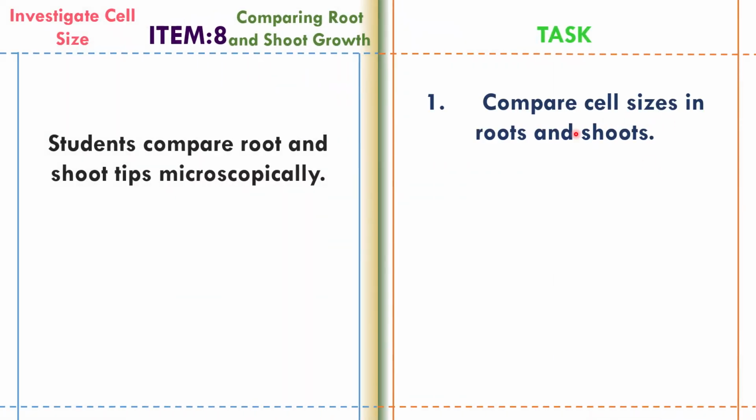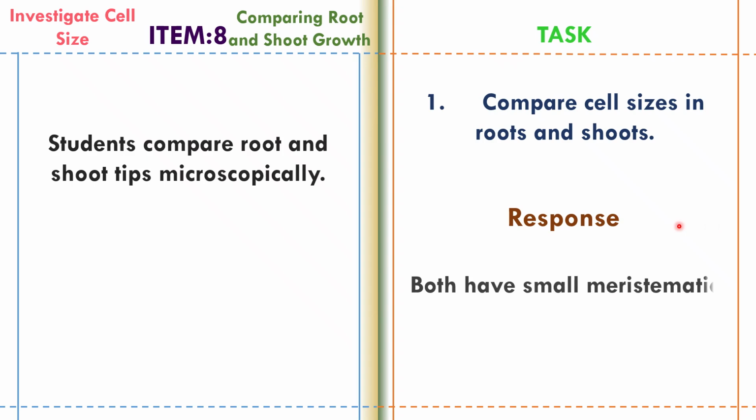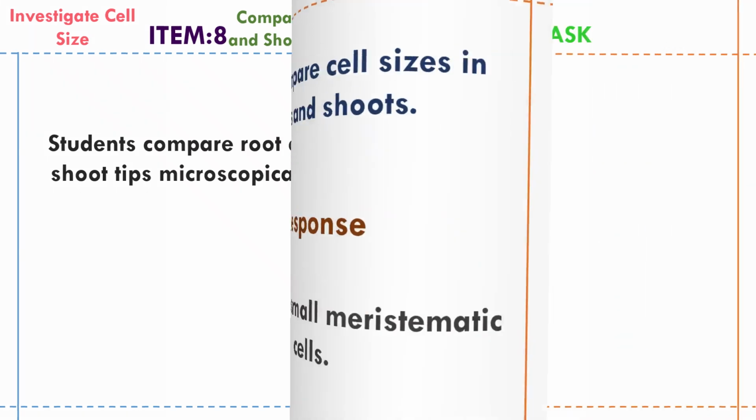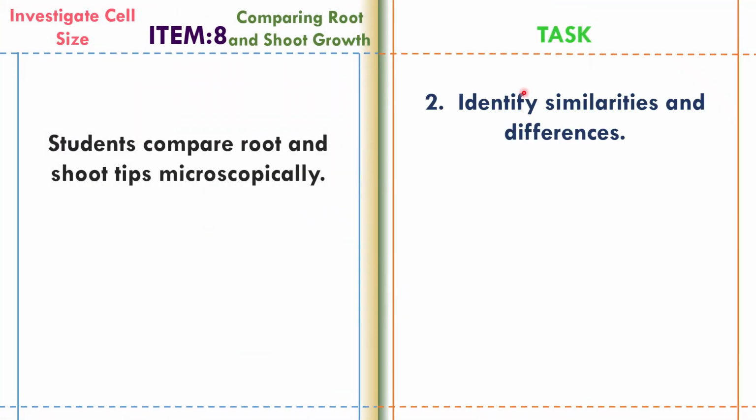Compare cell size in roots and shoots. Both have small meristematic cells. Identify similarities and differences.